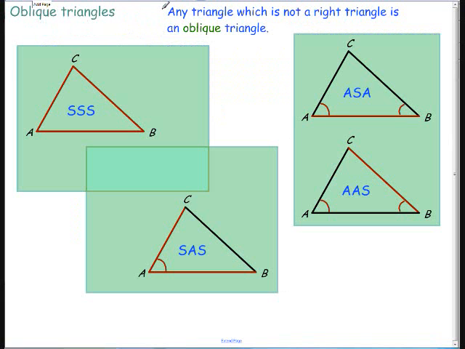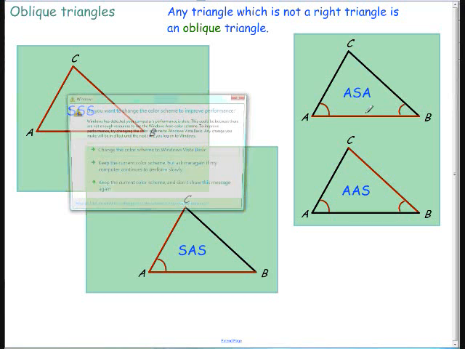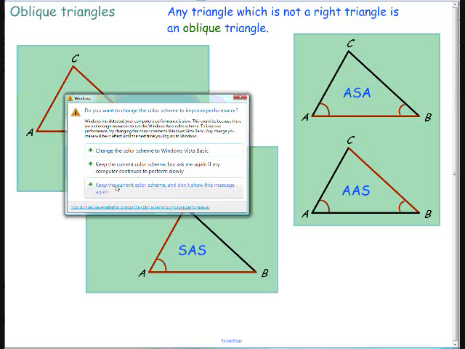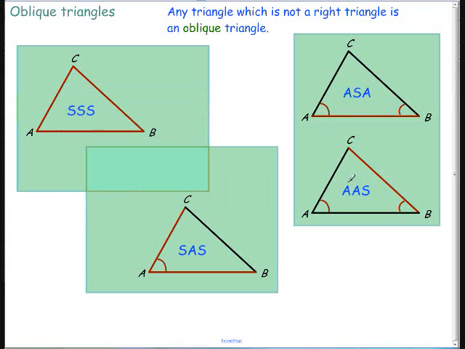Okay, oblique triangles. Any triangle which is not a right triangle is oblique. We can fully determine a triangle if we know the length of its sides. We can fully determine a triangle if we have the included sides. We've got angle on one end of the side and the angle on the other end.